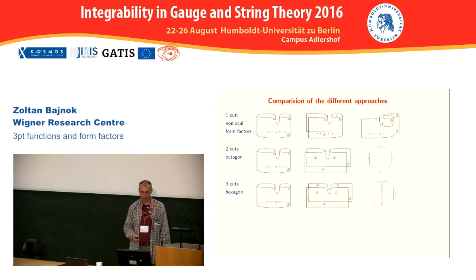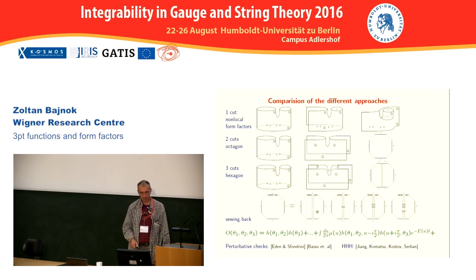And that is a prescription, actually, is the following. So let's assume you would like to calculate the octagon from 2 hexagons. So you would like to glue back here, sew back. So what you do, at leading order, that's a 3-particle state, you just take the product of these 2 hexagons, actually distributing all possible ways of these 3 particles.